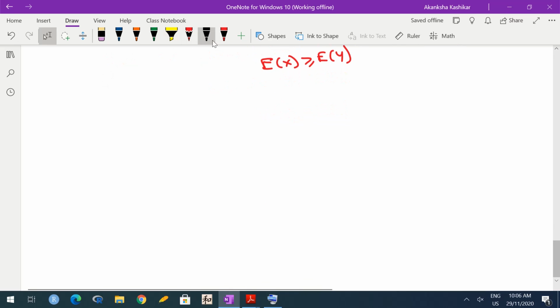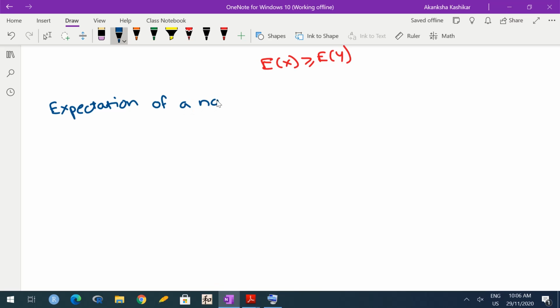Now we have to define expectation of a non-negative random variable. So how do we define expectation of a non-negative random variable? We have discussed a result which says that given any non-negative random variable, there exists a non-decreasing sequence of non-negative simple random variables converging to that random variable.